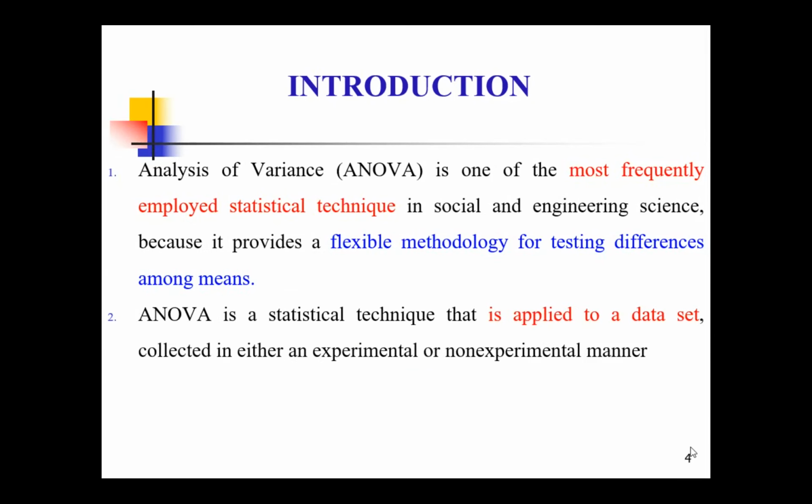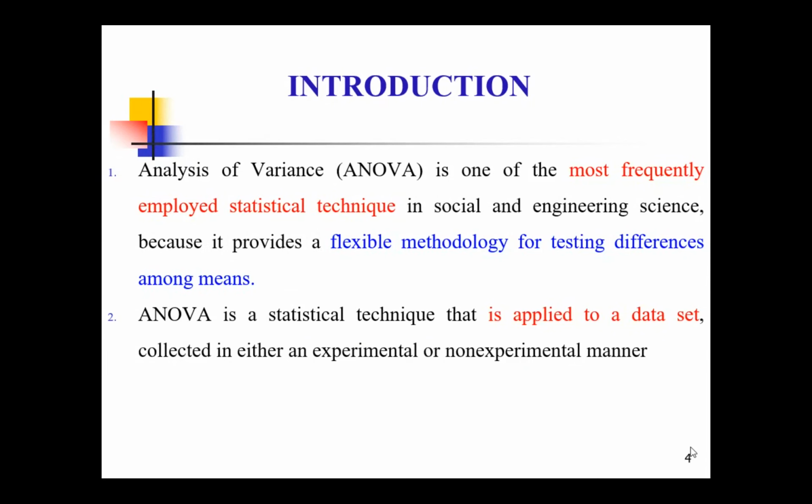As told, ANOVA is a statistical technique that is applied to a data set. How are we going to develop these data sets? The data sets can be developed in two different manners. One is by means of experiments, or by means of non-experiments also we can develop the data sets. For example, by making questionnaires.